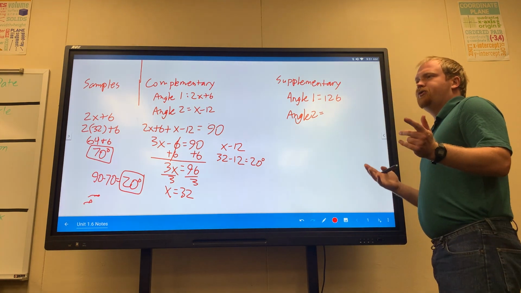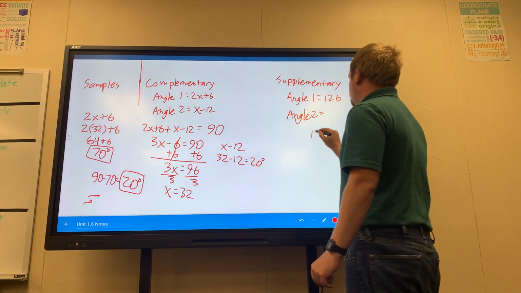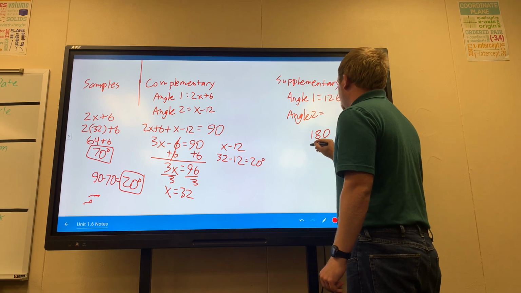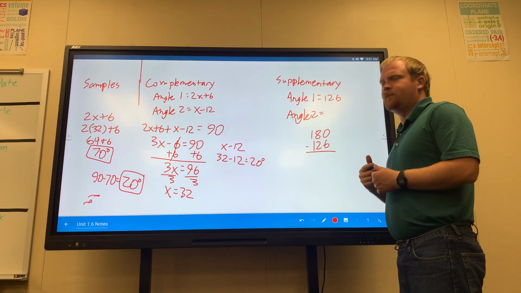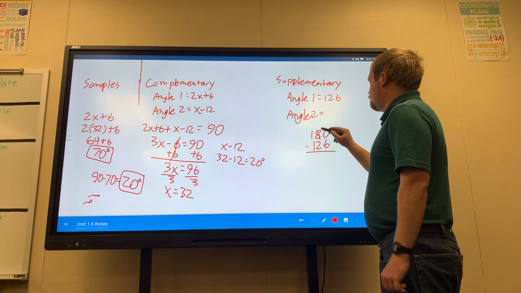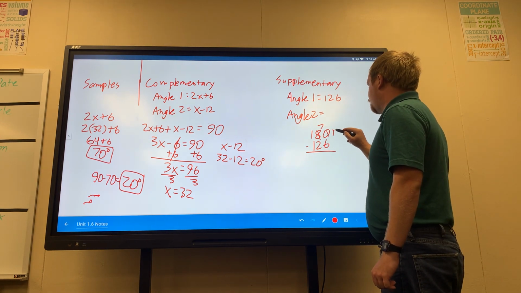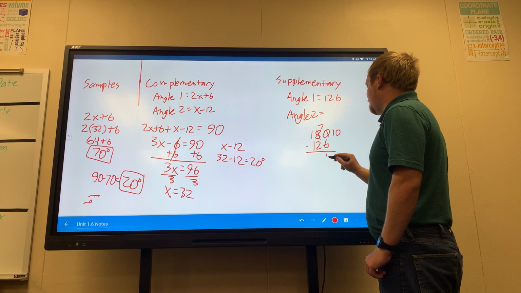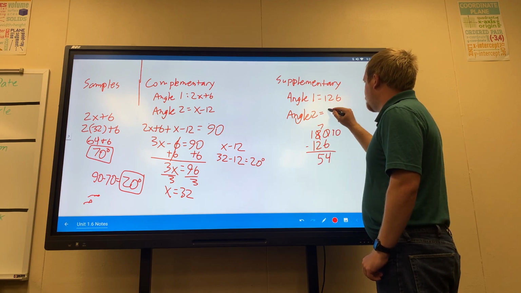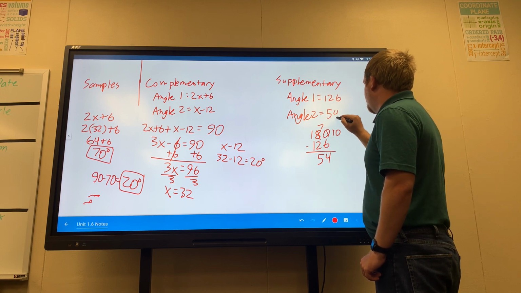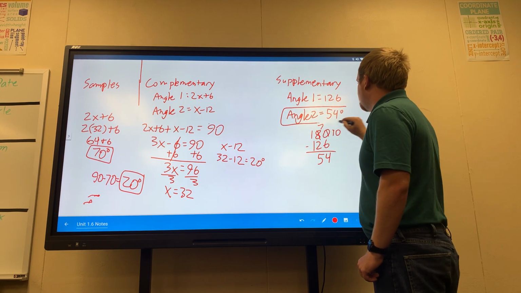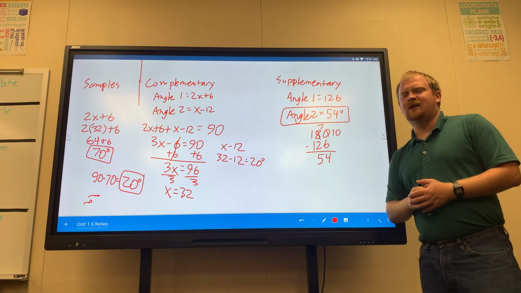Well, we know supplementary angles add up to 180. So if I have one part, I just have to subtract to find the difference. So if I subtract 126 from 180, I'm going to get 54 degrees. And that's going to give me angle 2.